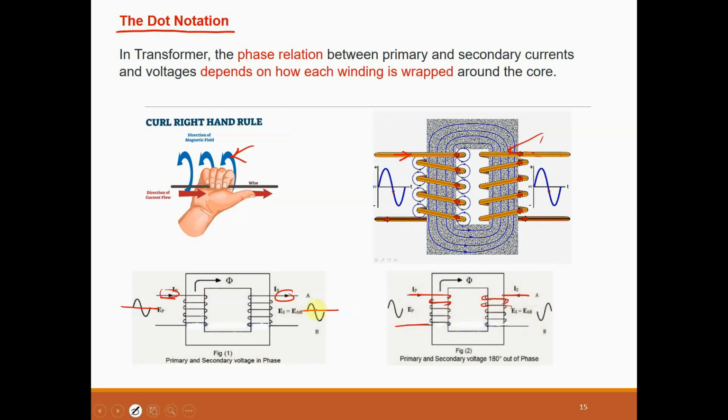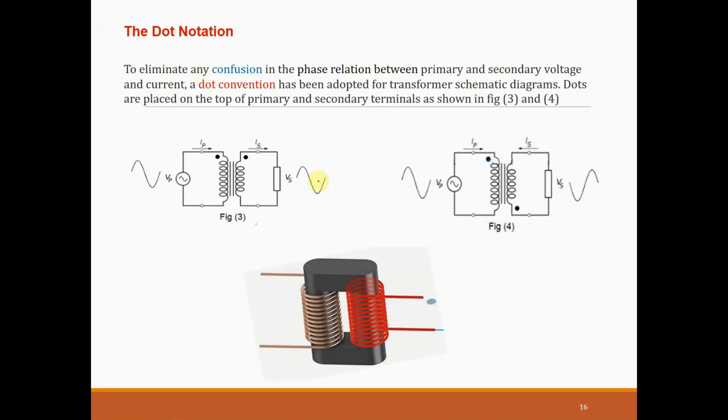But if you have a real transformer, before you use a transformer, you have to test your transformer. You have to know what is the polarity. So in order to know the polarity, we have to apply the dot notation. That is the importance of dot notation. Okay. As I've said, if they have the same polarity, we can say that the dots are connected here.